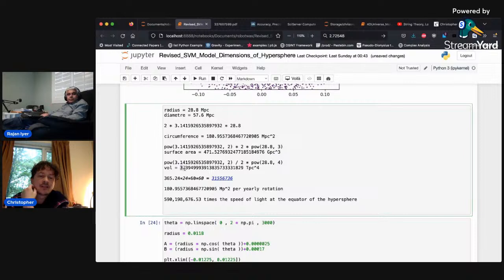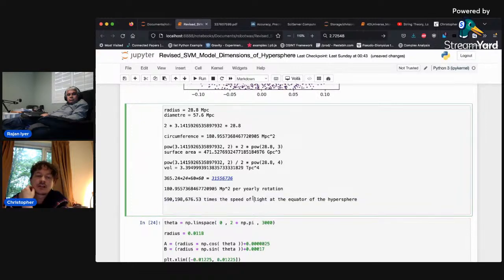The volume is 3.3949999 teraparsecs to the fourth. We can also work out that if the circumference of the hypersphere is rotating once a year, then that works out at 590 million times the speed of light.